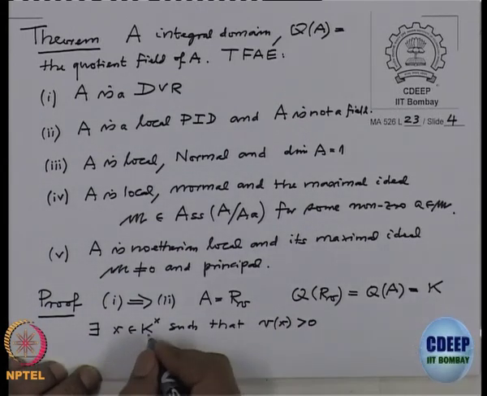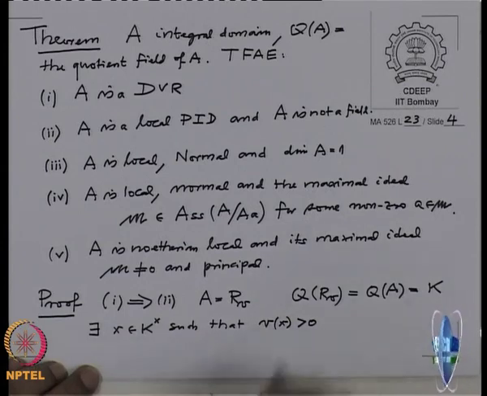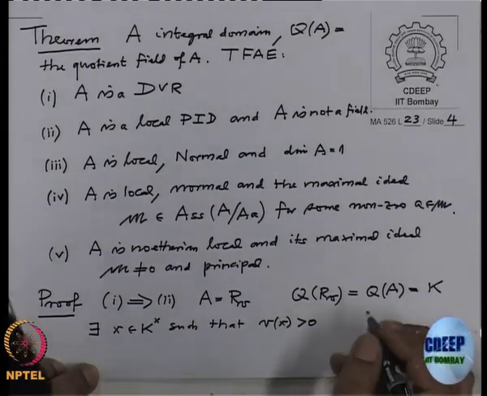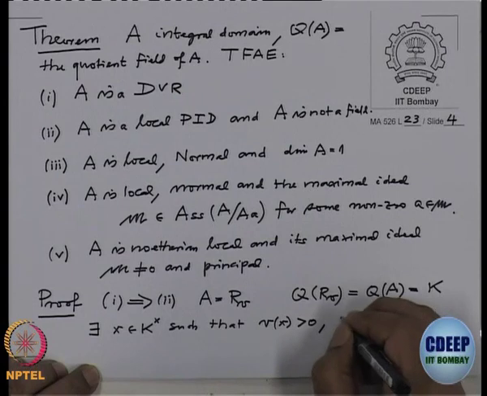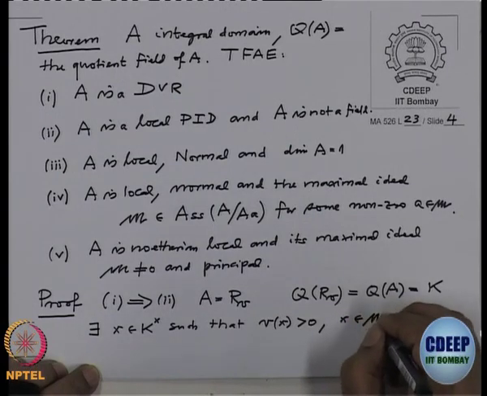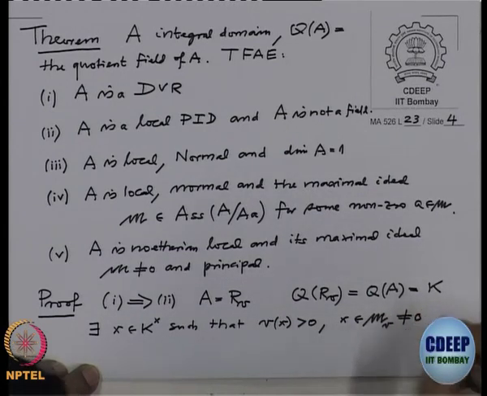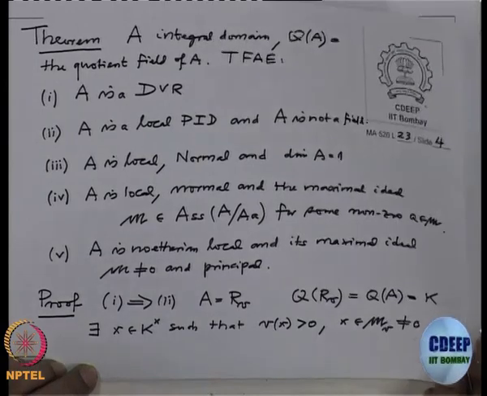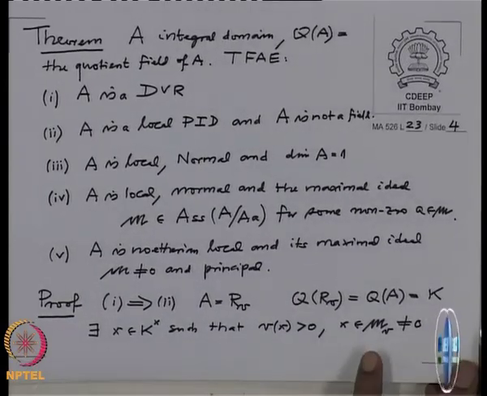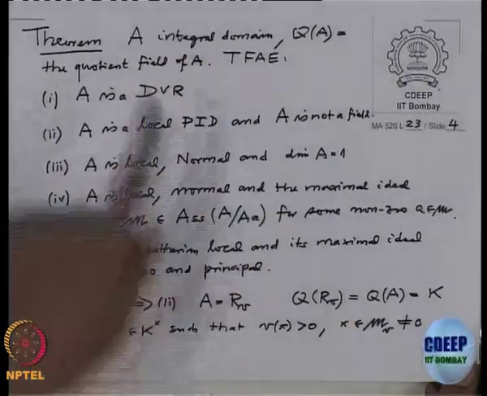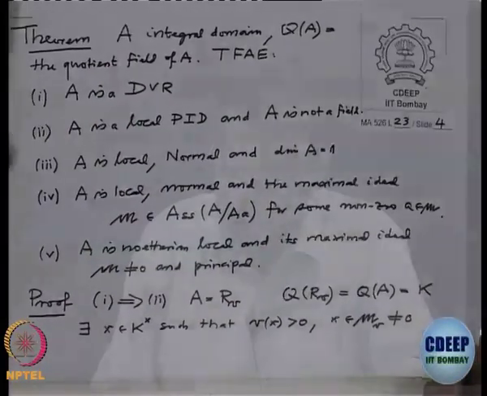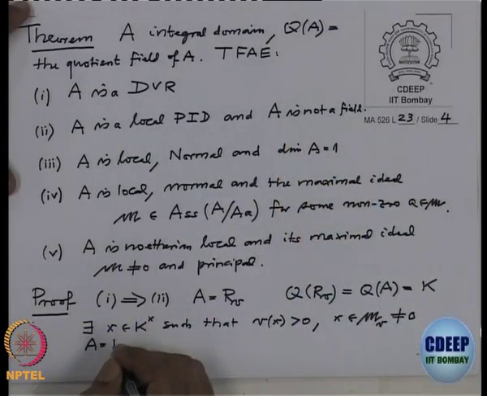If not, then x inverse will be positive. So, in any case there is one x so that it is positive. Therefore, this x will belong to M_V, and therefore M_V is non-zero. Therefore, A cannot be a field, because we saw that R_V has the maximal ideal M_V. So, A, which is R_V, is not a field.